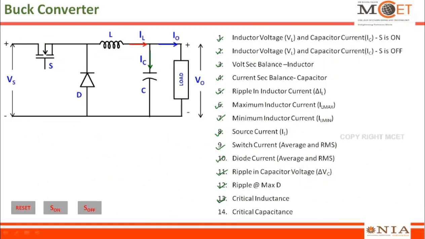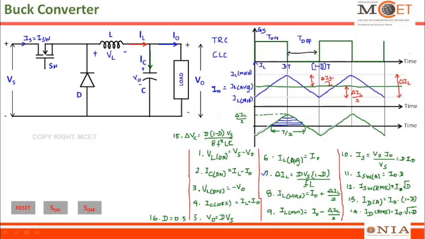The next part of the derivation is to find out the critical value of inductance and the critical value of capacitance. Let us first see what is the meaning of the critical value of inductance and capacitance, and then we'll derive its expressions. Let us assume that the inductance used in this design is 5 millihenries.